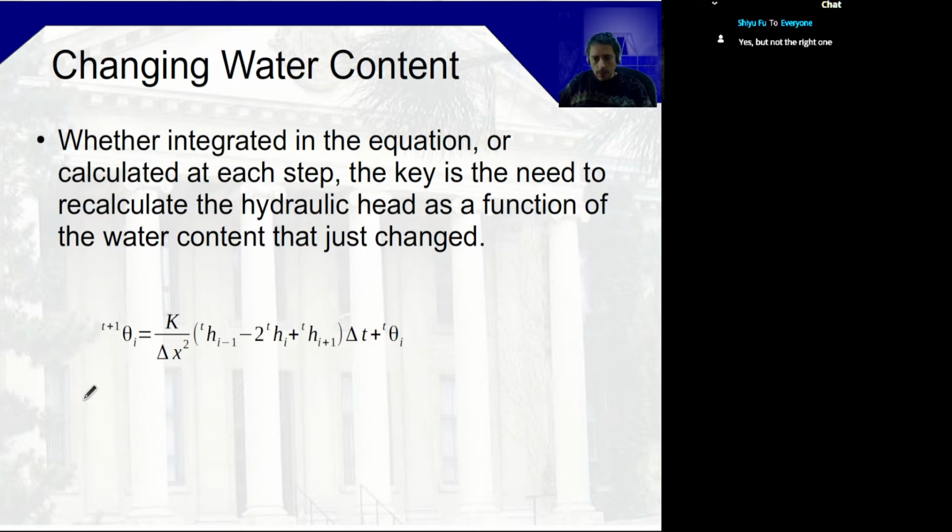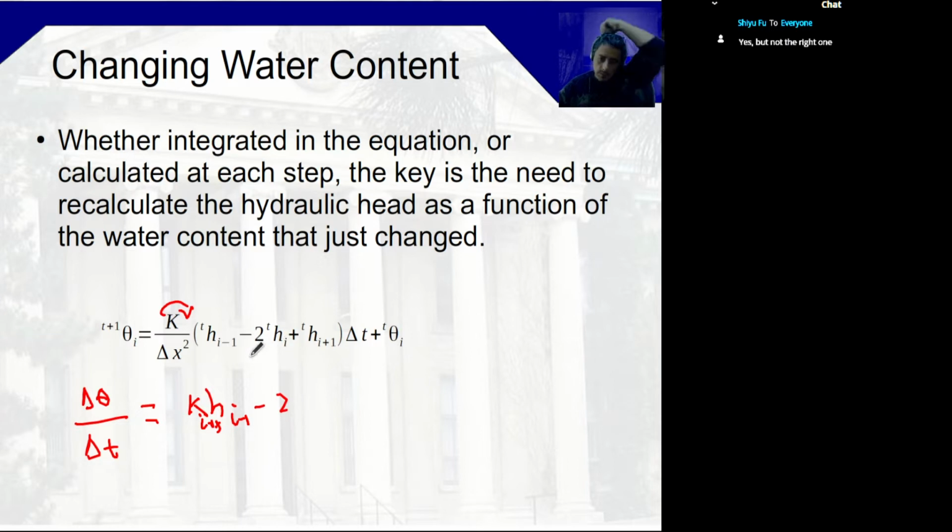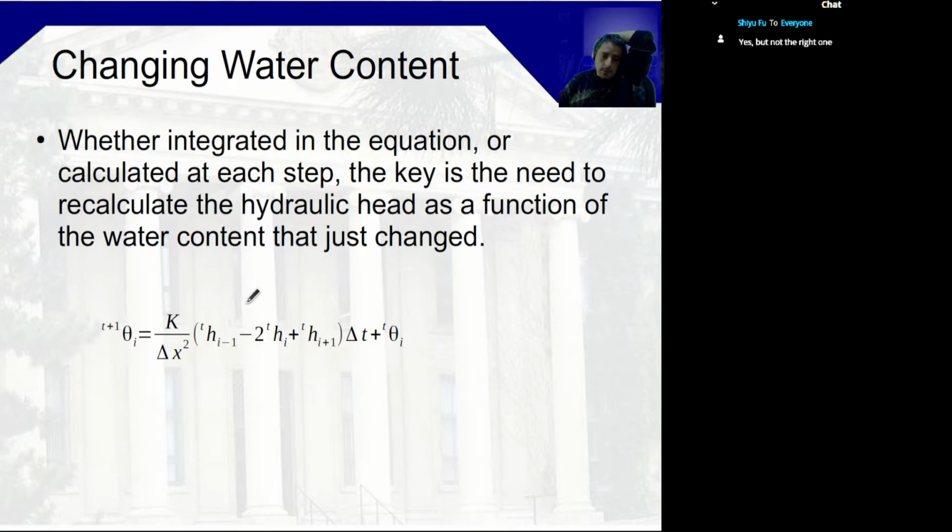So basically, if you have d water content over dt, and if you had that in terms of k, this is assuming a constant k in space, not necessarily with water content, you should distribute that k inside the terms, so h_{i-1}, it's minus 0.5, minus 2, etc., etc. So you have to distribute it inside the equations the same way we did it today.